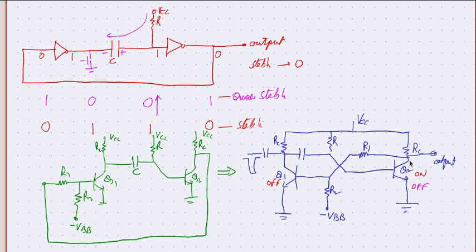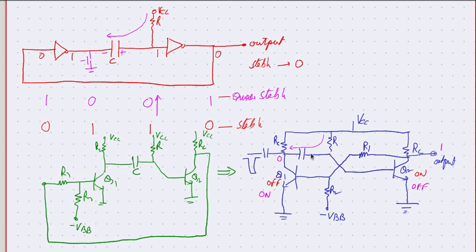And once this gets off, this voltage goes high, and this high will make sure to turn on this transistor, and the moment this transistor is turned on, this output goes low.